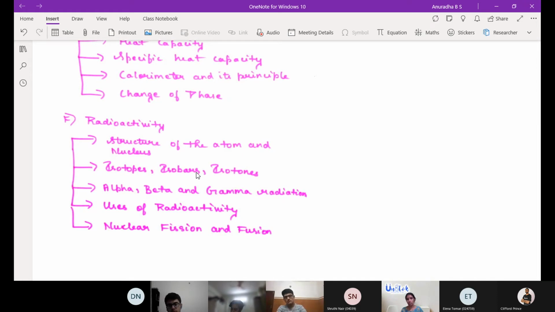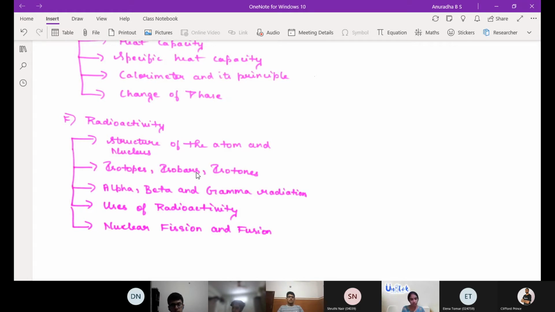A nucleus gets split into two light nuclei, and along with that two or three neutrons are produced. That is fission. Don't worry, you will be learning it deeply. That is what nuclear fission and fusion is.